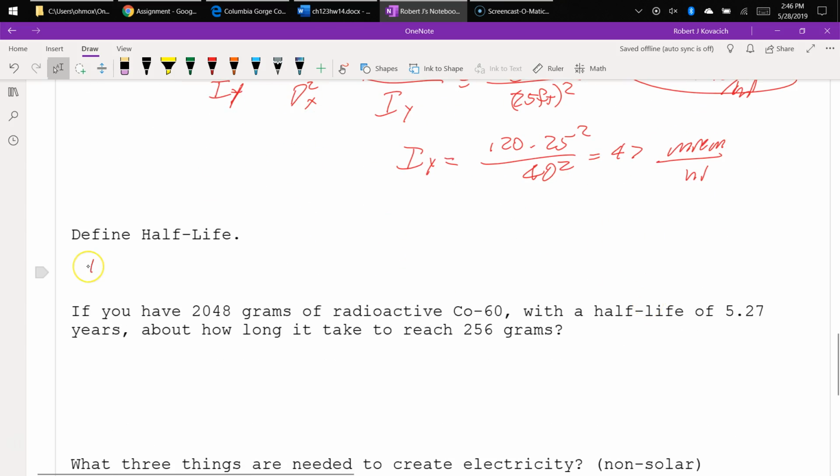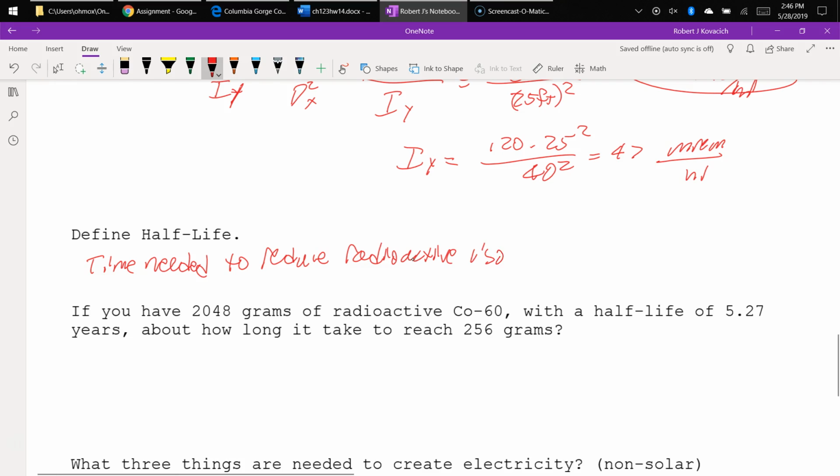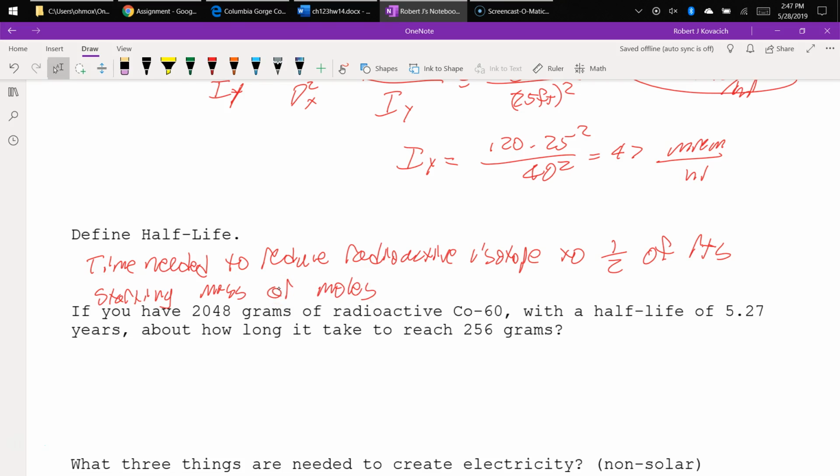Half-life, time needed to reduce. You can either use mass or moles.